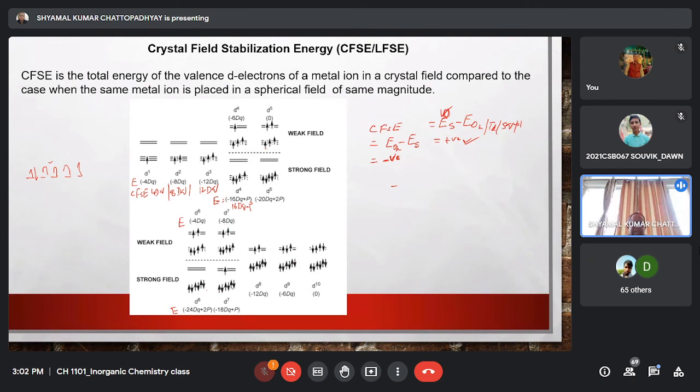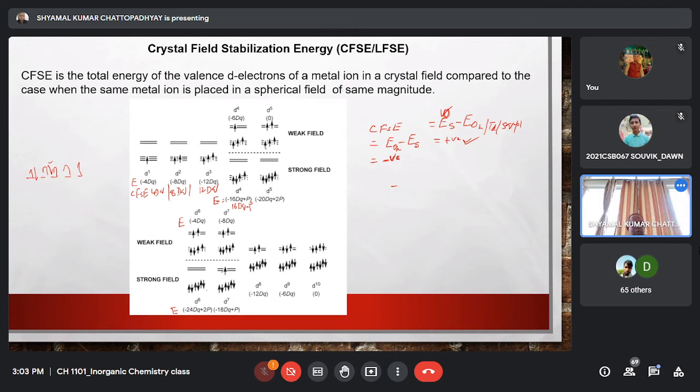Now in this case, we have a t2g6 eg1 configuration. So it is 6 into minus 4, that is minus 24, plus 6, so minus 18 Dq. For d7, when we have a d7 in the spherical field, with respect to the spherical field only one additional pairing exists, so we have to add only one pairing.